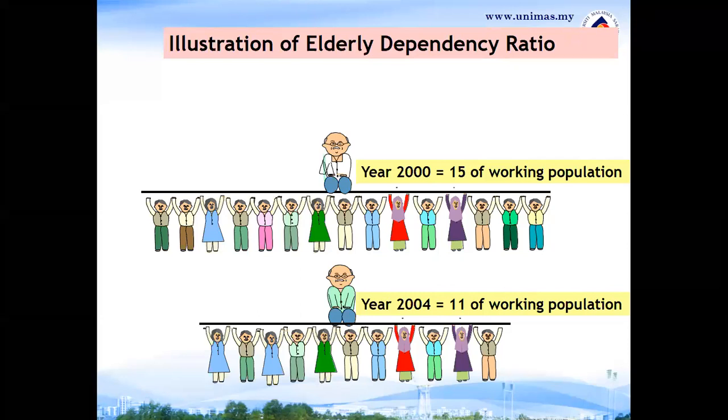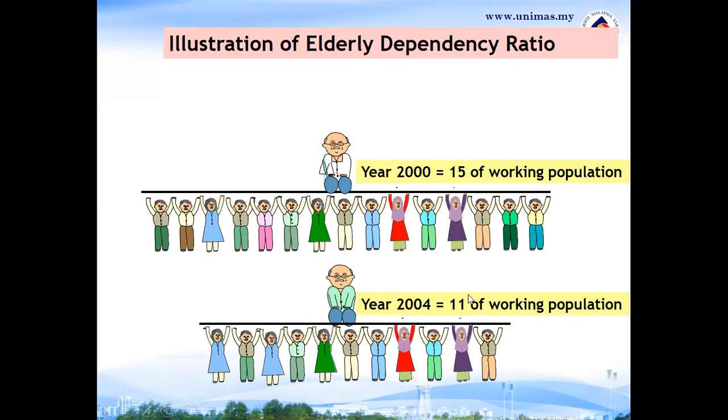The other way of looking at it is that in the year 2000, the number of old age was lower, so the burden on the working people was low. Okay. So here in 2004, the burden on the working people has increased, the burden for them to provide for or support old age.